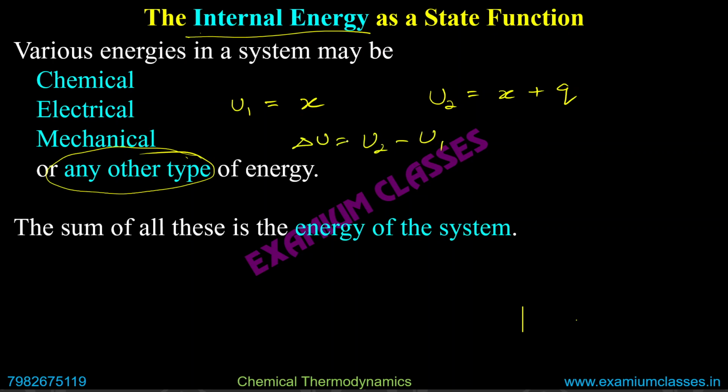Delta U will be U2 minus U1, that is X plus Q minus X, that is Q. So we can certainly say that whatever work we did, whatever heat we provided, whatever change in energy taking place, that is the change in internal energy.